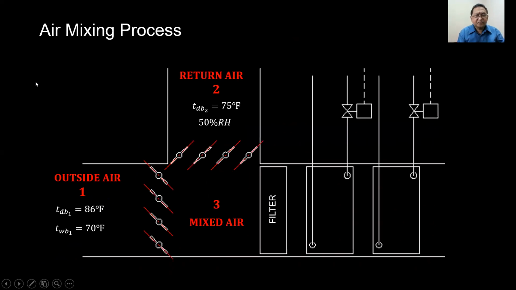The process is plotted on the psychrometric chart. So for example, you have an air mixing process.